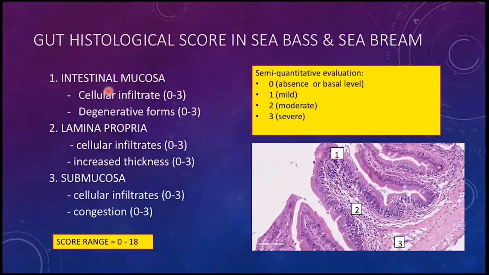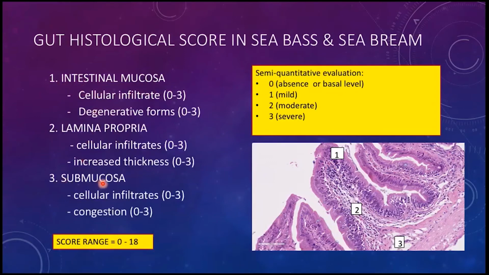So we will be assessing, following this criteria, from 0 to 3, being 0 a basal level or basically no impact at all, up to 3 when we have a more extreme, more severe impact of that particular histopathological or histological feature.